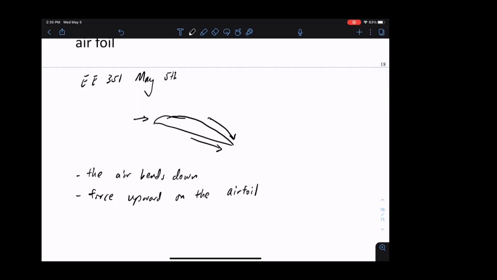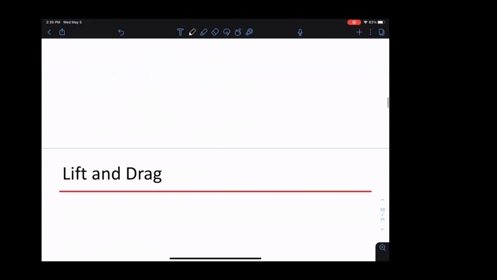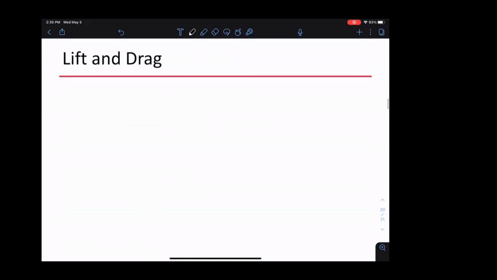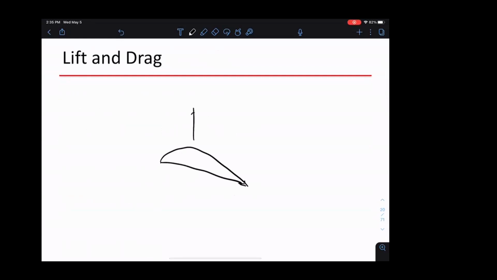There are multiple components of lift. If you look at the force being exerted on this airfoil, let's say we have some angle of attack here, and then we have a lift force. This is the force that moves you up.